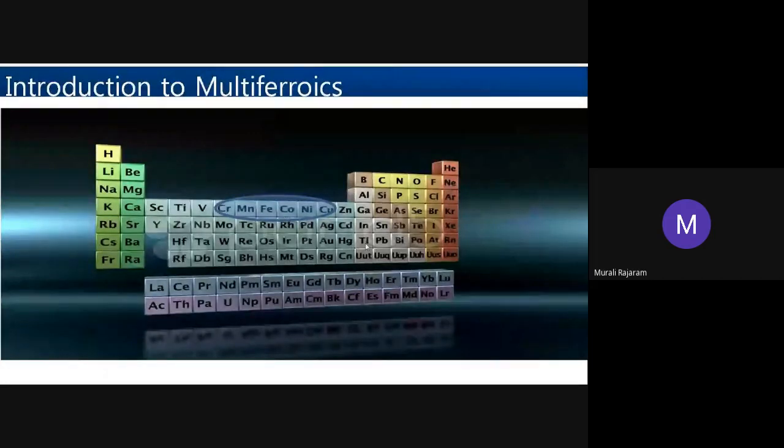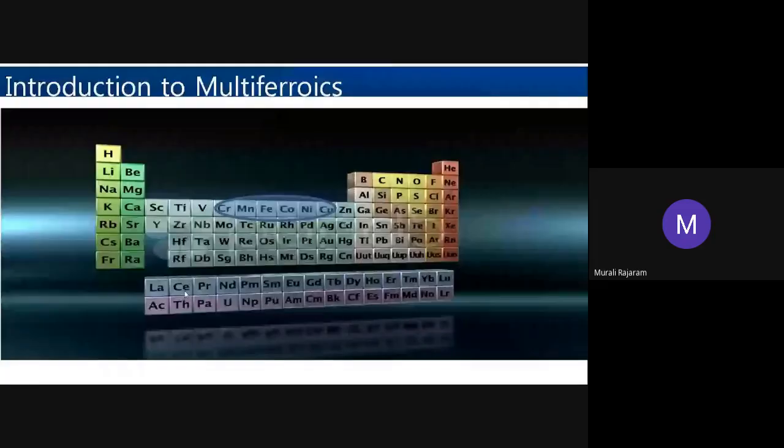You can also have some interesting ferroelectric and ferromagnetic properties in a class of materials called rare earth materials, where it can have magnetic polarization and also some ferroelectric polarization. We will see them one by one slowly.